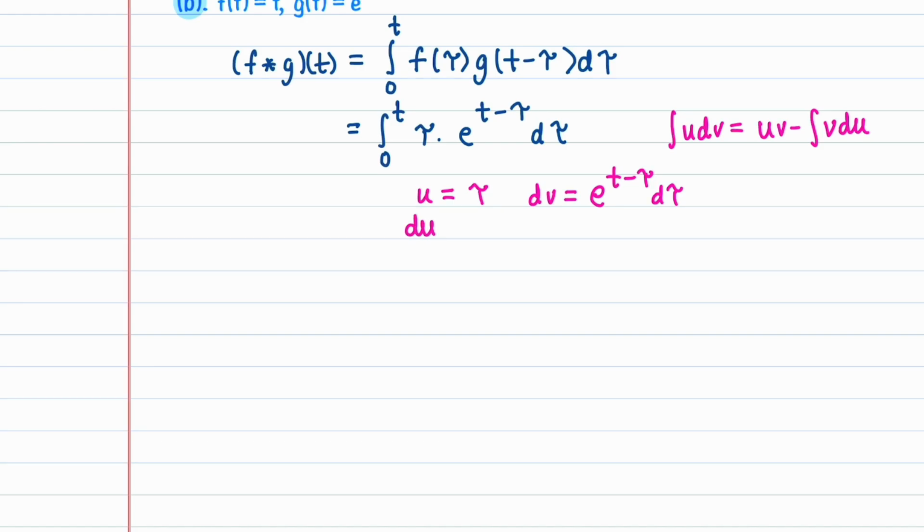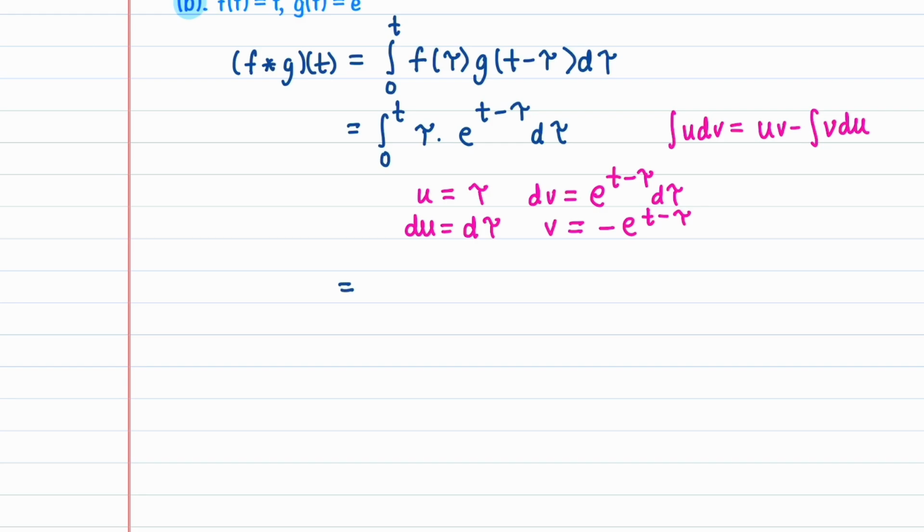Our du is d tau, and then our v is going to be the integral of e to the t minus tau d tau, and that is minus e to the t minus tau. That minus comes because there is a minus in front of the tau.